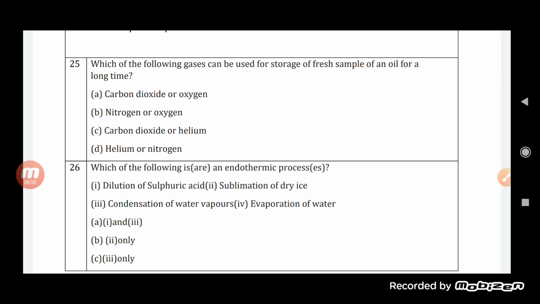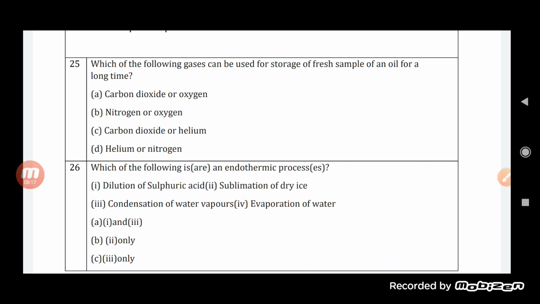That must be the first property of that particular gas. Otherwise, when we keep the food item in it, it is going to react with it. So in order to prevent that, the gas used for packaging must be unreactive.